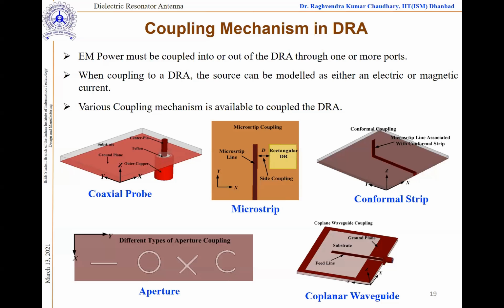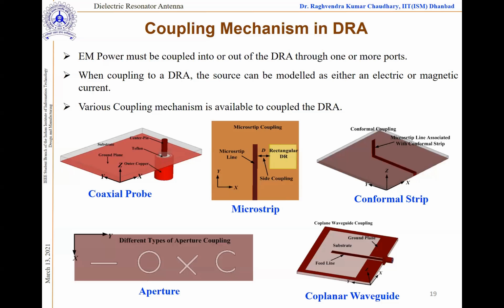So similarly here, when we are talking about the DR mode, for the TM01 delta mode, we need to first recall what the electric field and the magnetic fields are. If I'm saying TM01 delta mode, as I have shown you the field profile, in the azimuth plane we have the magnetic field, and in elevation we have the electric field.